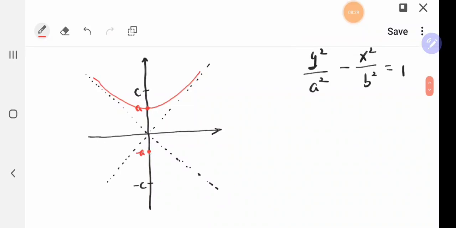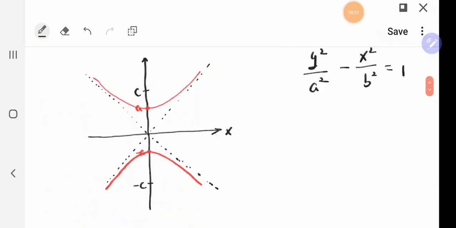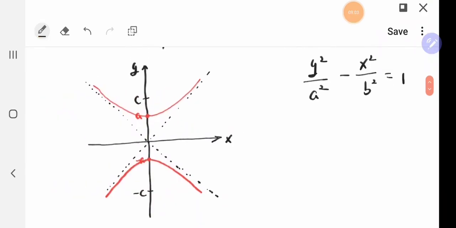Even this one approaches two asymptotes like this. Okay, so the graph looks like this. There are two graphs, concave up and down, if y squared starts first. So this is the x-axis, y-axis.